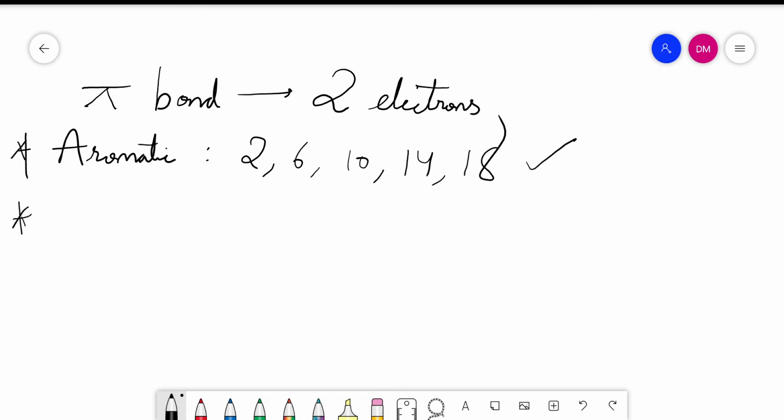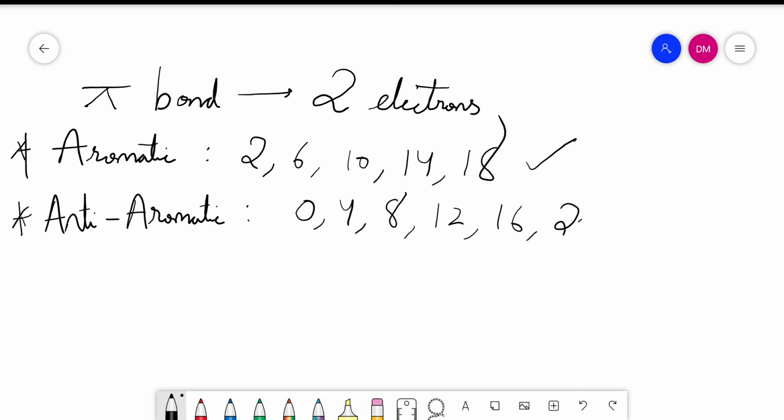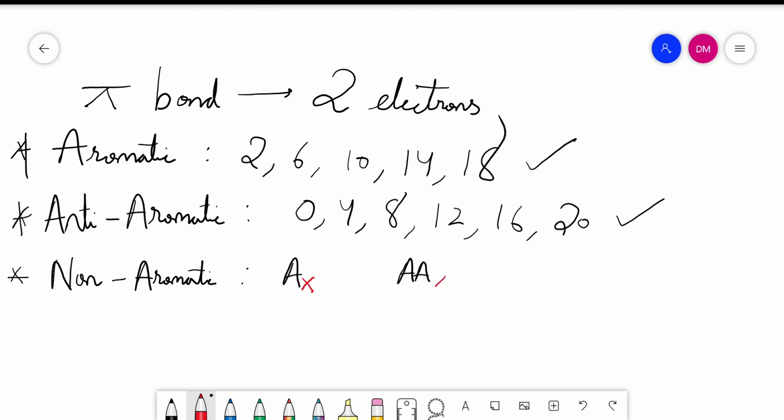And for anti-aromatic, it must be 0, 4, 8, 12, 16, 20. If these numbers of electrons are present, then it will be anti-aromatic. For non-aromatic, if both the aromatic as well as anti-aromatic conditions fail, then this will lead to non-aromatic.